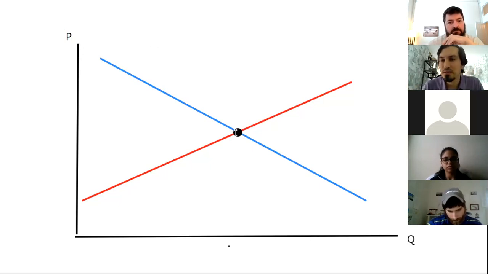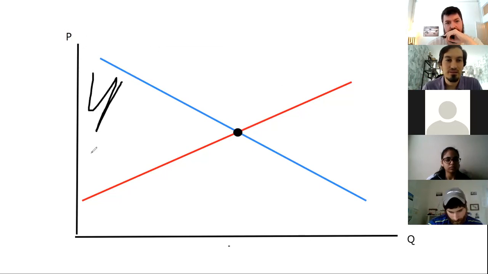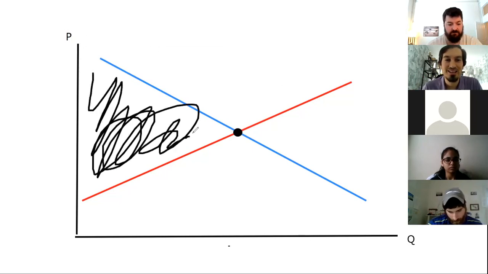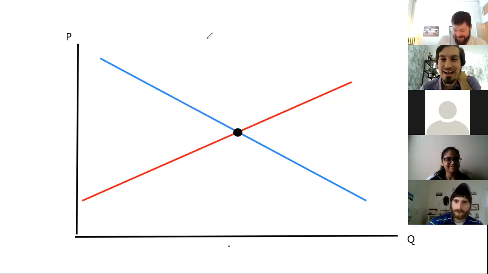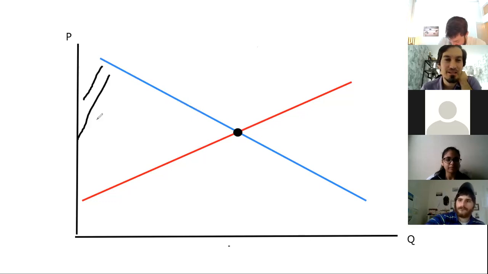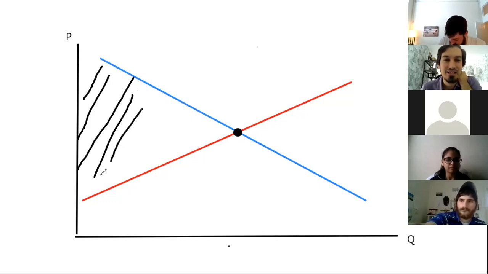What makes it so special is actually this region here. I don't know how to highlight a region here, but maybe just diagonal lines.